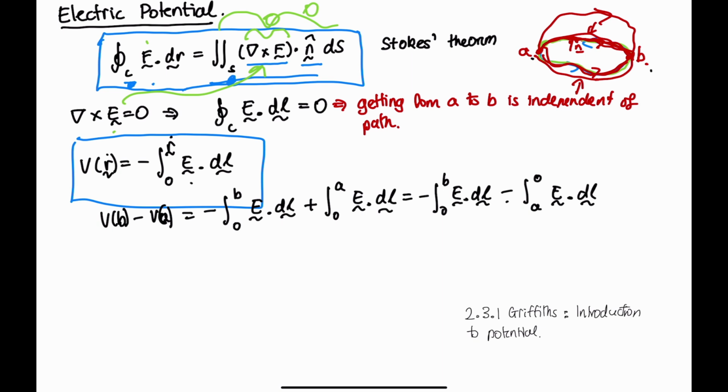Now you can see that because we've got the same terms in these two integrals, we can combine them and write this as negative, now from A to B, because we're going from A to 0, 0 to B. So that's the integral from A to B of E dot dl. So this is our expression for the electric potential between 2 points A and B.